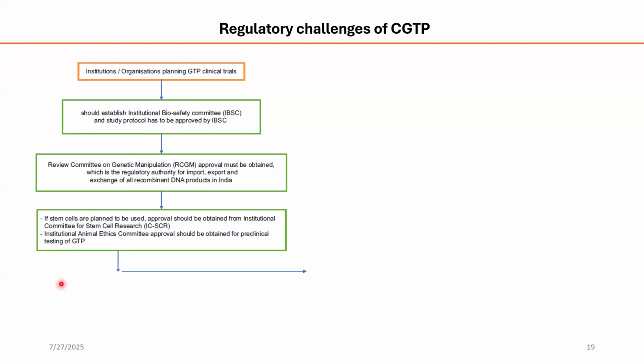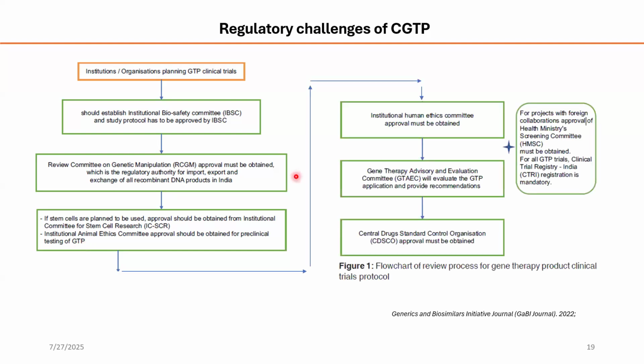Then, if you use stem cells, an approval should be obtained from the Institutional Committee for Stem Cell Research. If you do animal studies, then approval from the animal ethics committee should be provided for preclinical testing of the gene therapy product, which is followed by the institutional human ethics committee, because you have to do the phase 2 and phase 3 clinical trials on human patients.